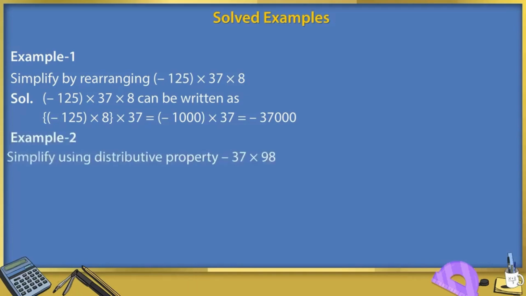Example 2. Simplify using distributive property: -37 into 98.